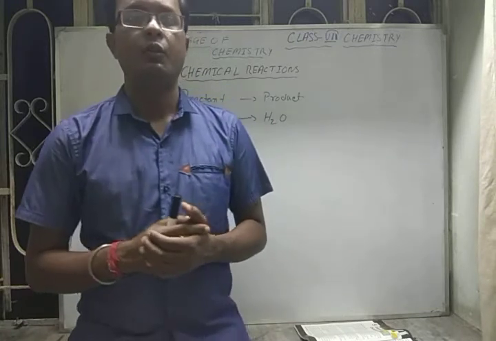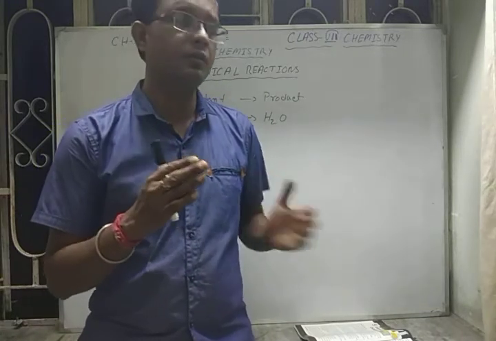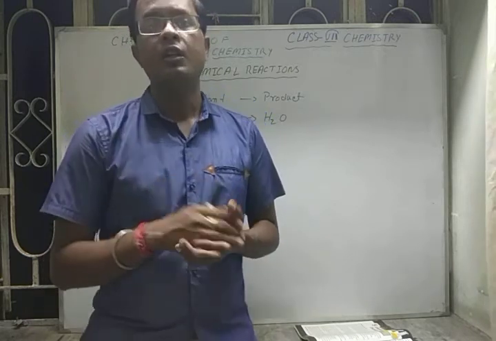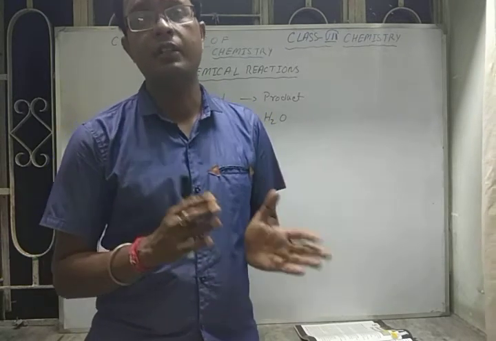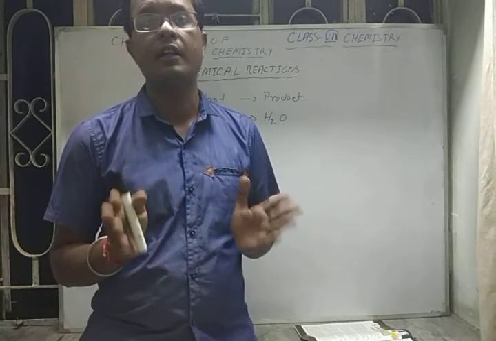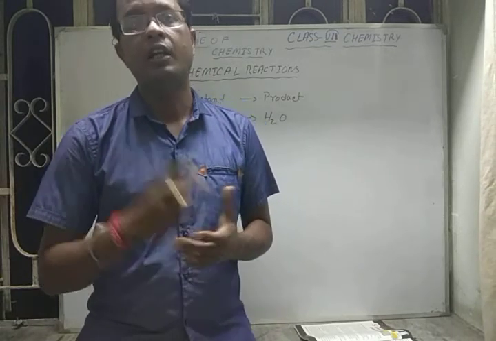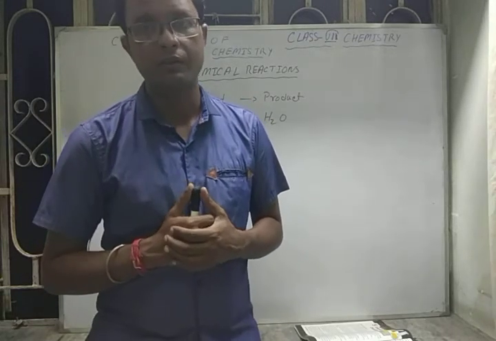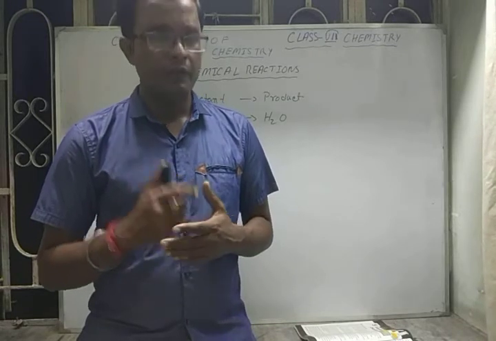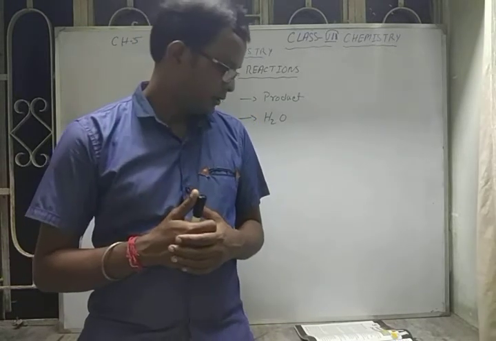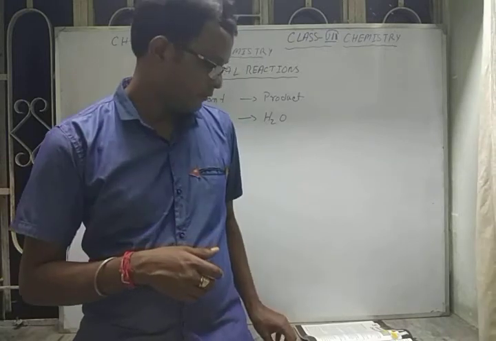But due to the unstable electronic configuration of the element, when one element reacts with another element, they have to attain a stable electronic configuration. Then only a compound will be formed. We'll see this in more detail in your further classes. So this is only an introduction here.